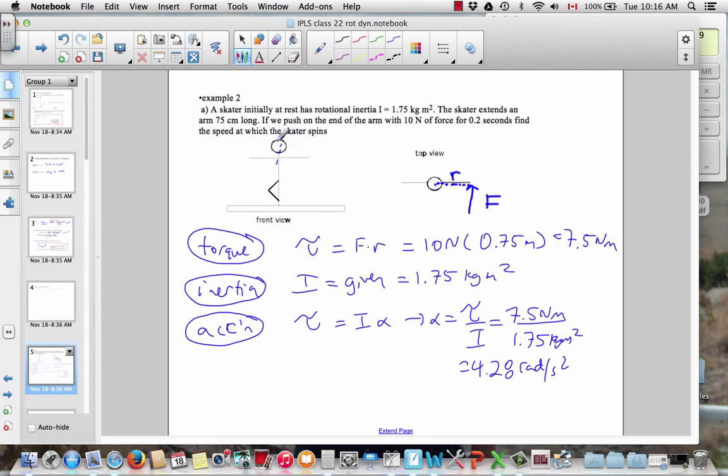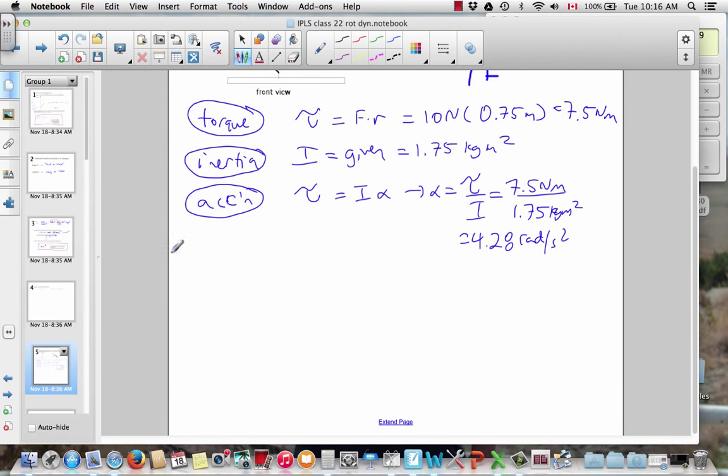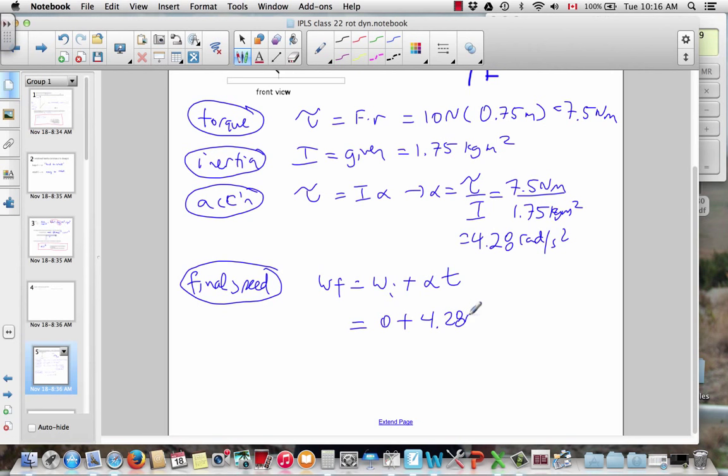Now, we are told that the skater's at rest, and we want to find the final speed after 0.2 seconds. Well, now we get back into our kinematics. We know the initial speed, acceleration, and time, so we'll use this kinematical equation in order to find the final speed.